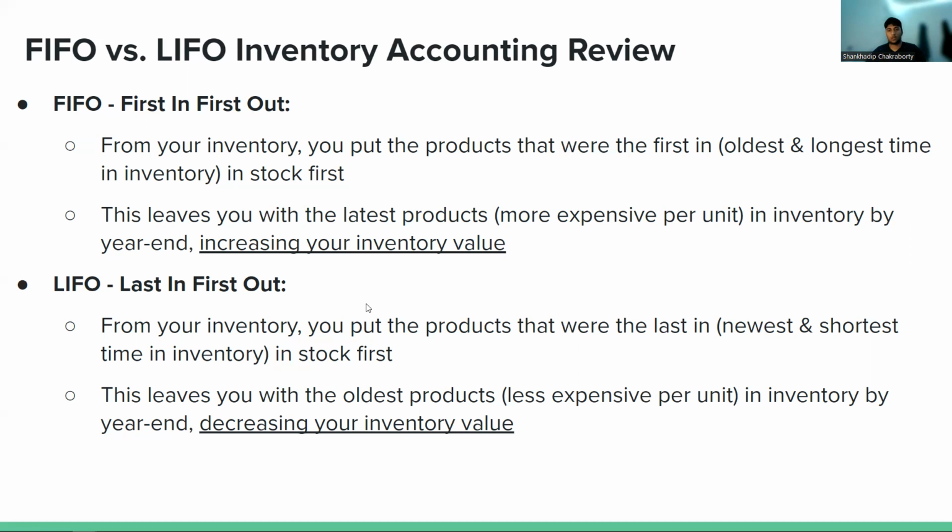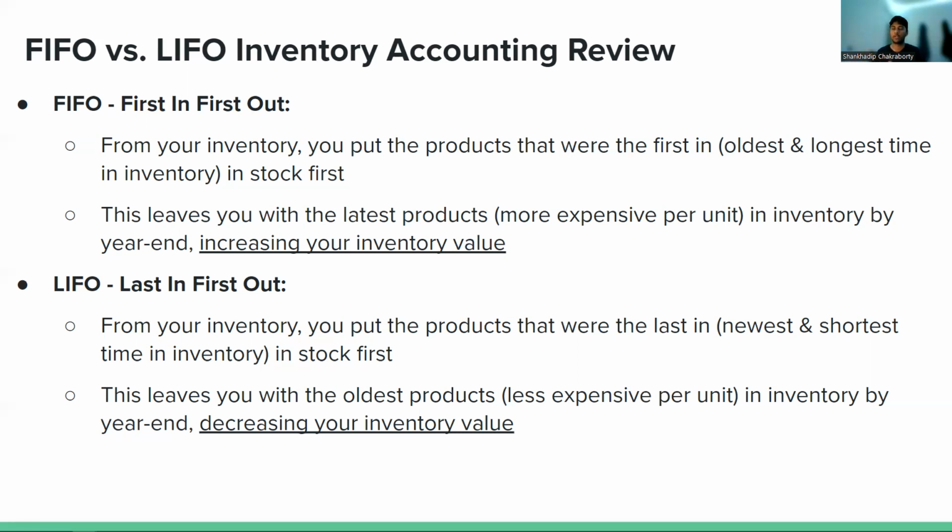So this is when you put the products from your inventory, it's flipped essentially. You put the products that were in last, or that were in your inventory for the shortest period of time, on the shelves first. That's the stuff that you want to sell. As soon as it comes in, it's pretty much hot off the press in your inventory, and you put it right on the shelf.